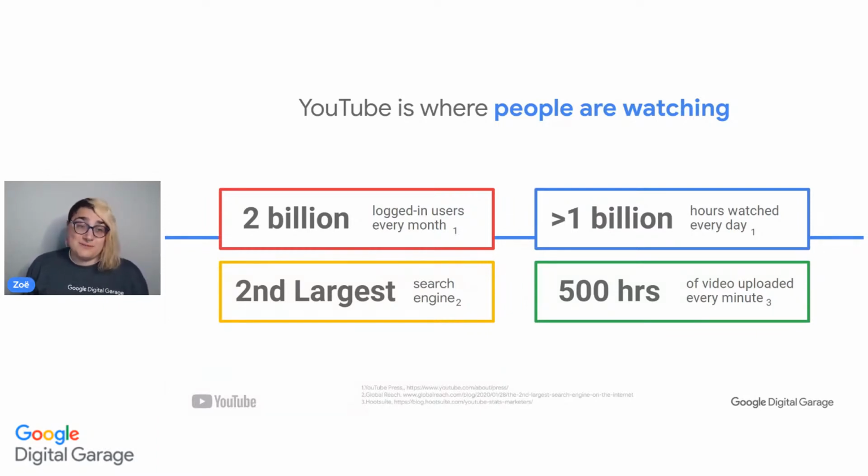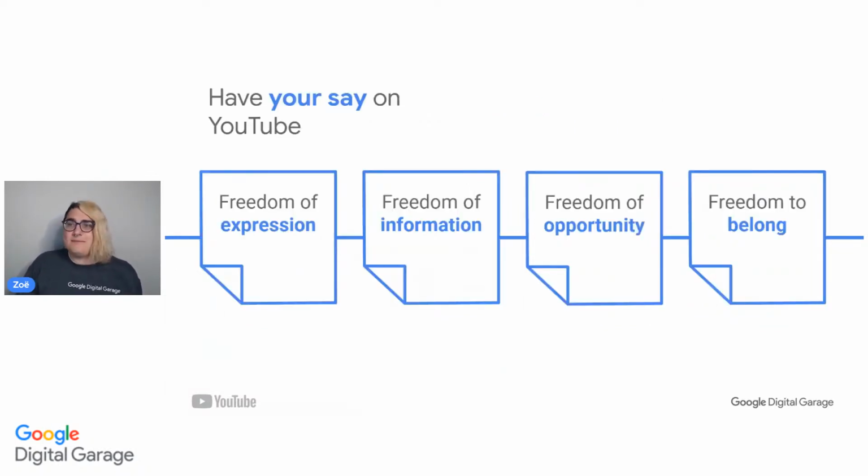Whether that's because they want to be entertained, or because they want to learn how to bleed a radiator or cook a curry or something like that, they're going to go to YouTube potentially rather than any other search engine. So there's a huge potential audience there waiting and ready for your content.